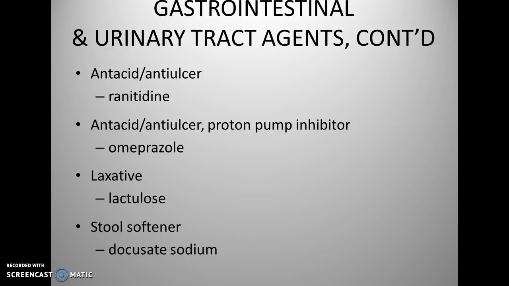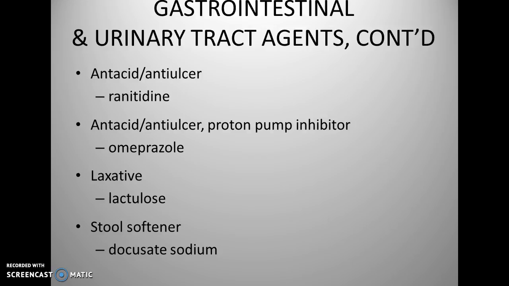So ranitidine, Zantac is an acid anti-ulcer agent.